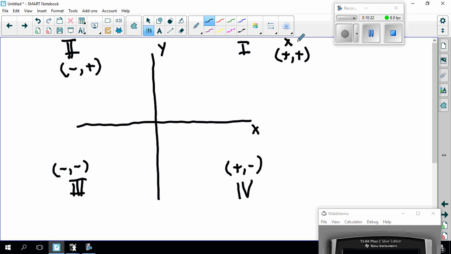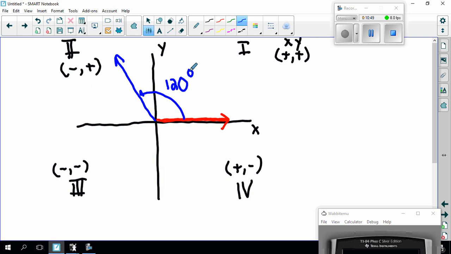Looking at X, Y. As mentioned, we measure angles. We can have an initial side, which is the red, and we can have a terminal side, which is the blue. Let's pretend that this angle is 120 degrees.